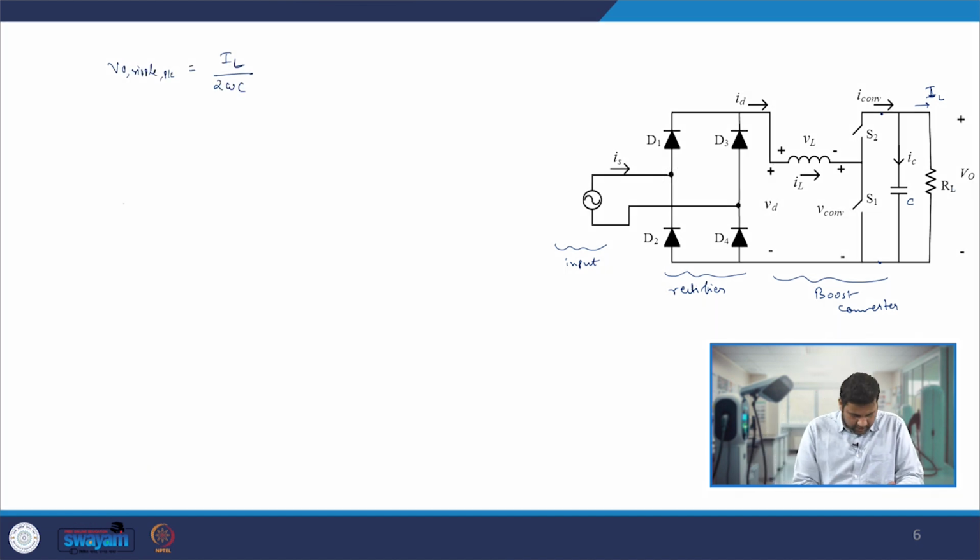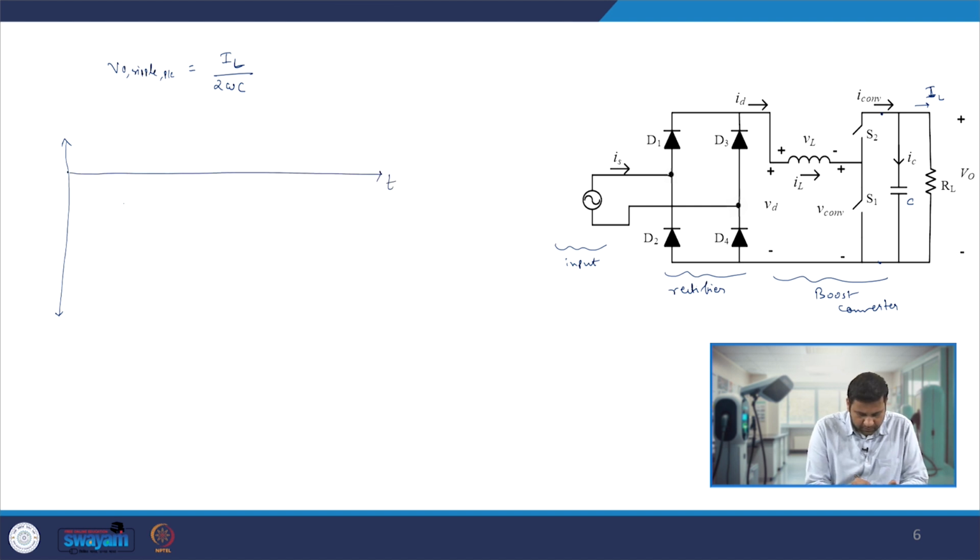So if we see our output voltage, it will be something like this. Assume this is my T, and this is my Vs, which is nothing but Vs peak sine omega t.